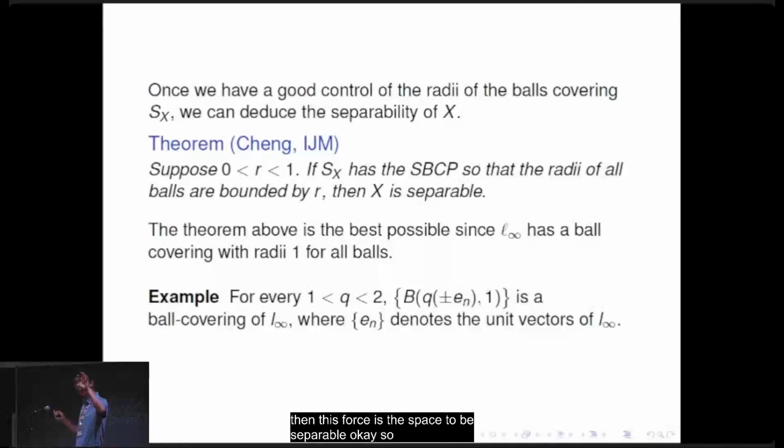So if the balls can be made very small with radius less than 1, then X is separable. Actually, this number 1 is the best, because if you look at L infinity, you can choose a countable set of balls with radius exactly 1 which covers the unit sphere of L infinity. So this result cannot be made better, okay? The best result.